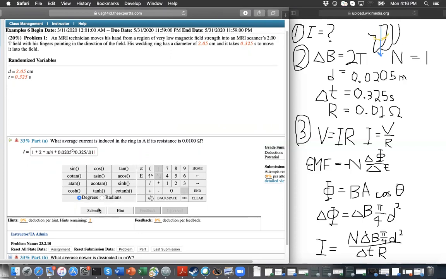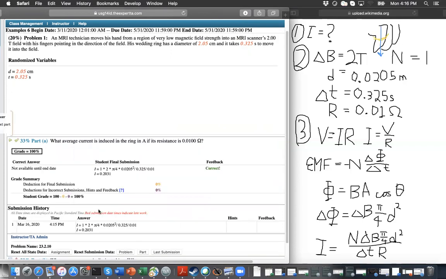And we'll just submit that, see what we get. You get a grade of 100%, so that was correct. That works out to be 0.2 amps, which is a fair amount of current to be running around a wire ring on your finger, and might be something you would notice.